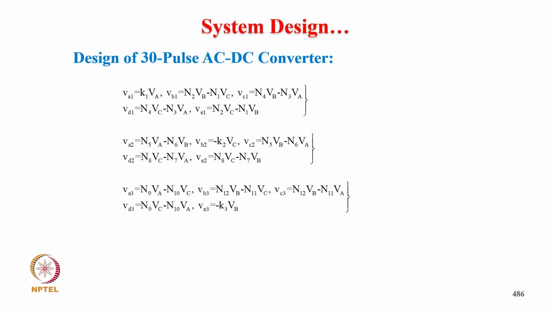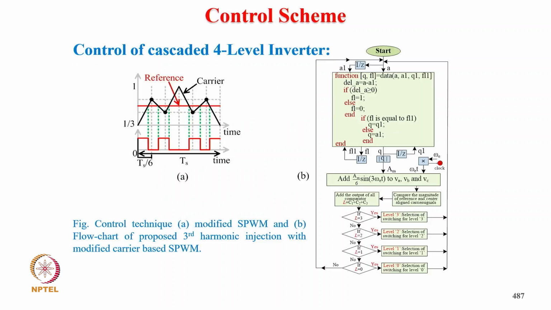And VA3 equals N9 VA minus N10 VC, VB3 equals N12 VB minus N11 VC, VC3 equals N12 VB minus N11 VA, VD3 equals N9 VC minus N10 VA, and VE3 equals minus K VB.